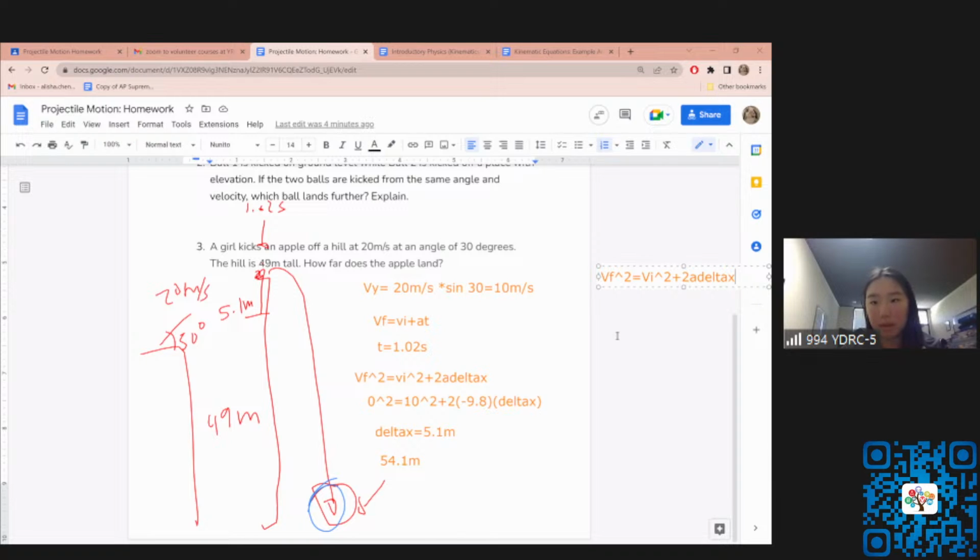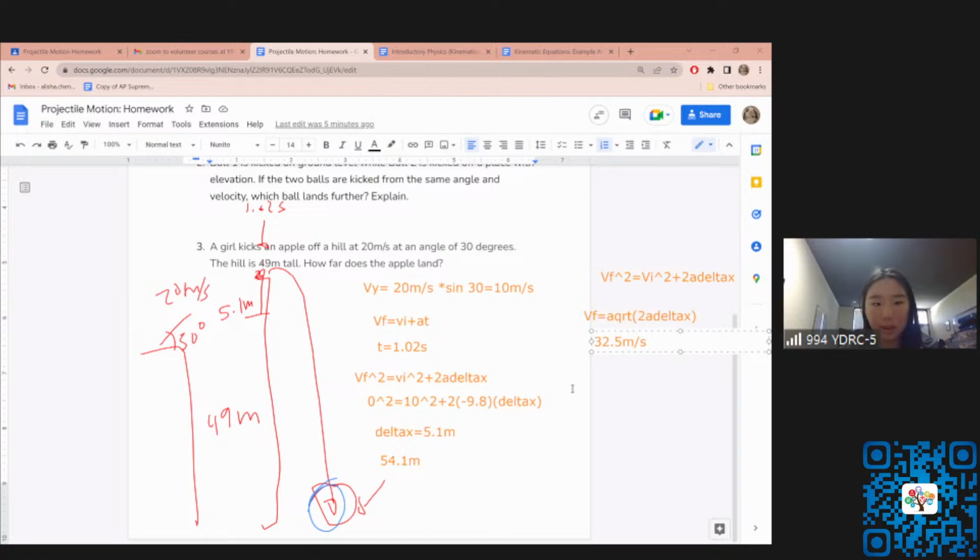Because v initial is 0, v final is basically the square root of 2a delta x. After plugging into your calculator, you should get 32.5 meters per second.